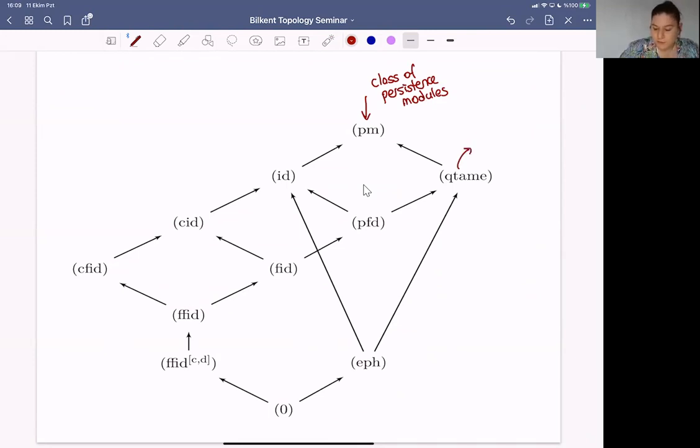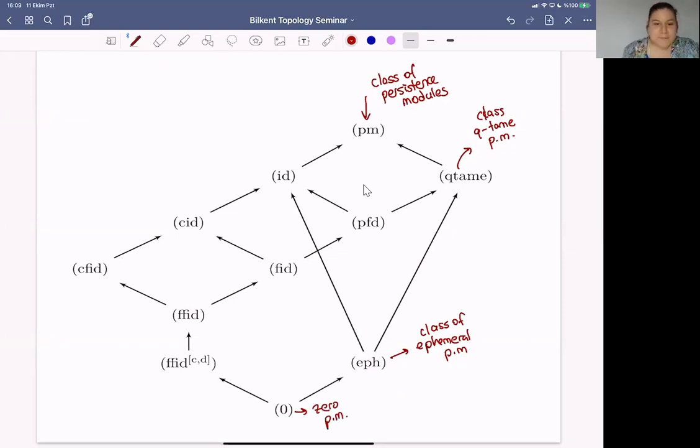So this is the class of q-tame persistence modules, where all linear maps have a finite rank. This is the class of ephemeral persistence modules. The linear maps are 0. This is the set of zero persistence modules. So there is only one element, and in that persistence module, everything is 0. This is the zero persistence module.